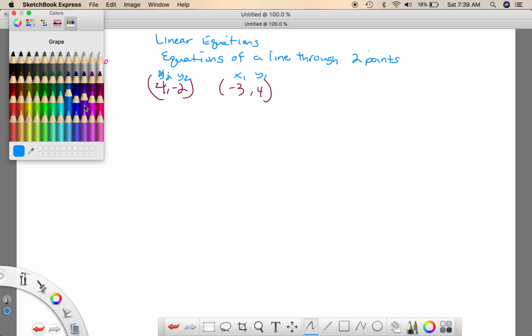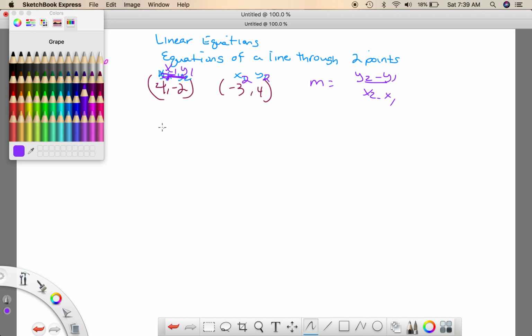My slope formula is m equals y2 minus y1 over x2 minus x1. Let's change these again, sorry. Make this x1, y1, so we'll follow along with the book.